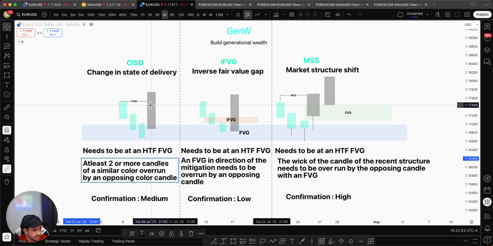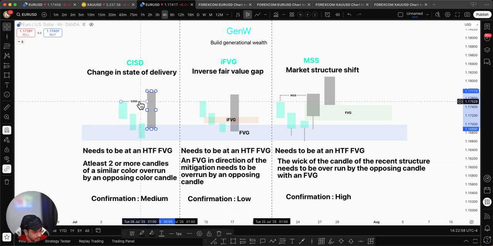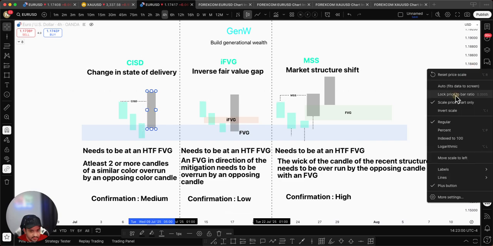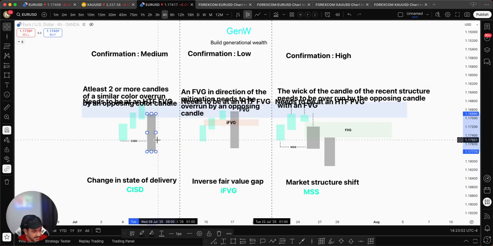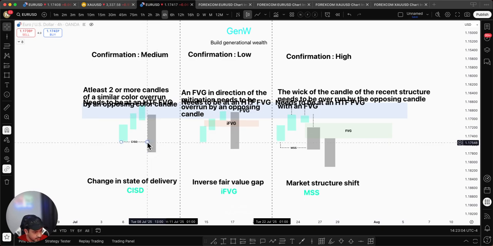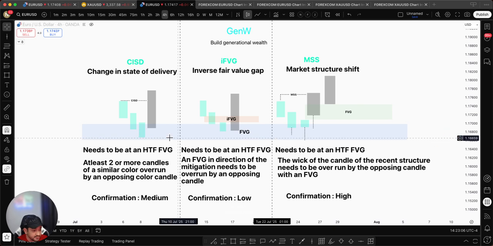So you need a body closure of this candle above the upper body of this, and if you just invert the chart for a negative one, it has to close below the body of this. So I hope this entry model is clear. The confirmation level of this is medium, because this might not be a change in the structure, right?